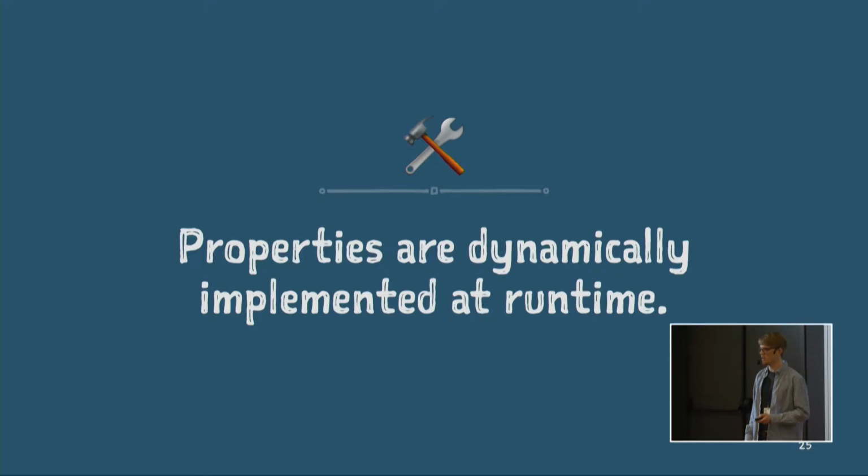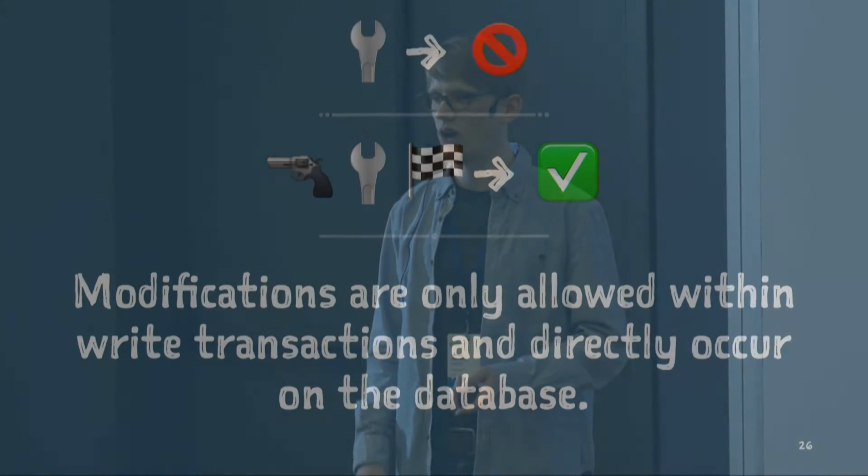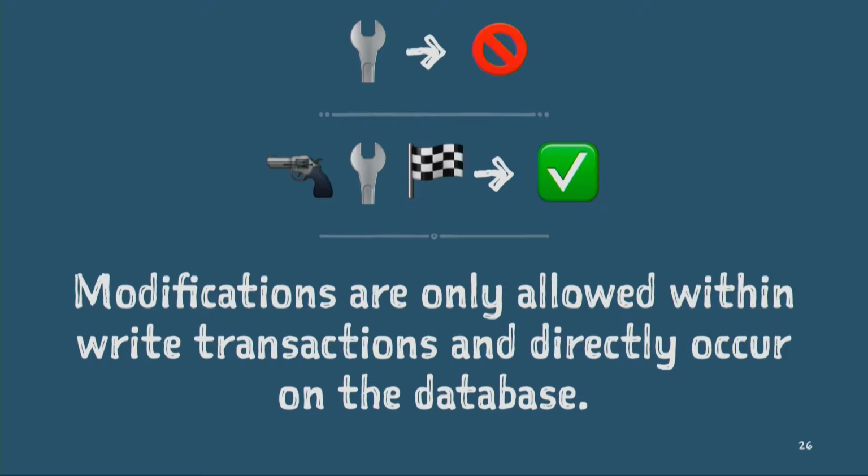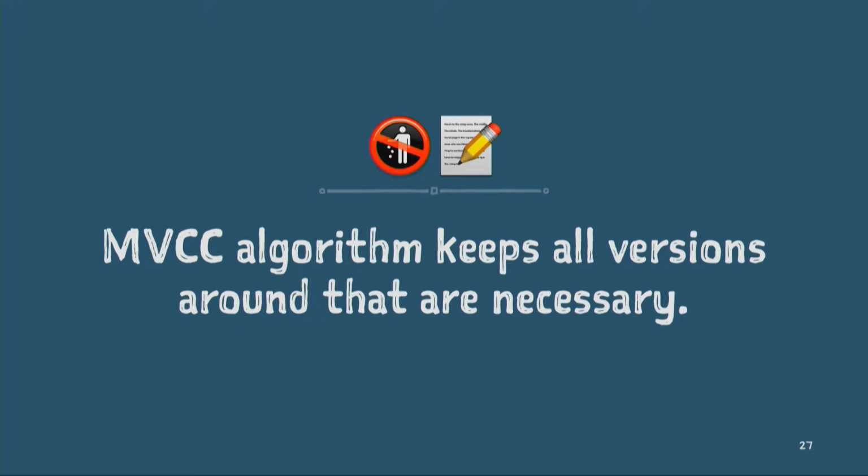Properties are dynamically implemented at runtime, and we hook into the runtime and directly connect the property accessors with your database contents, which is memory mapped. So for that reason, modifications are not arbitrarily allowed, but only within write transactions. And an MVCC algorithm makes sure that all necessary versions are around.